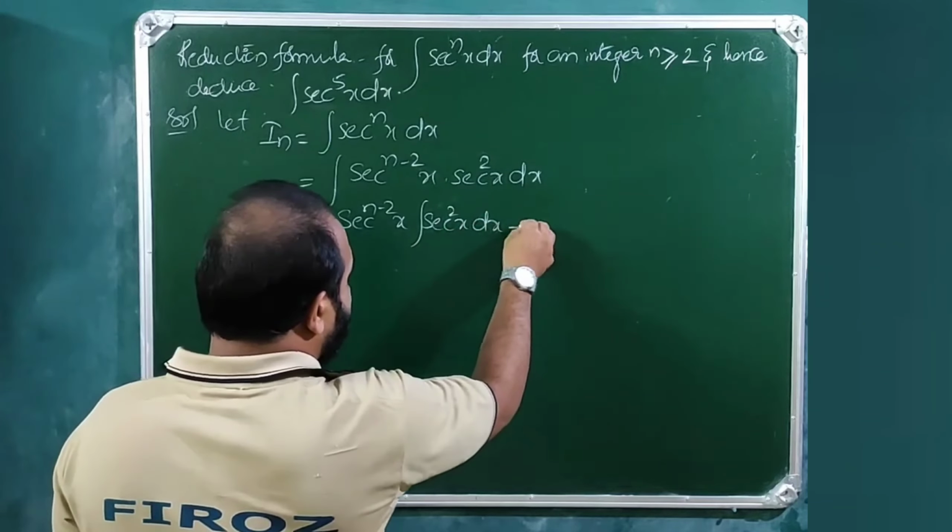So let us take I_mn as common, then its coefficient is 1 plus (n minus 1)/(m plus 1), which equals cos^(n-1)x sin^(m+1)x by (m plus 1) plus (n minus 1)/(m plus 1) I_(m, n-2).